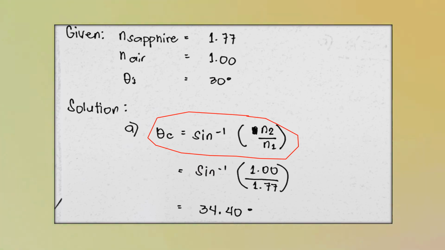Our n2 is the index of refraction of air, which is 1, and our n1 is the index of refraction of sapphire, which is 1.77. So sine negative 1 times 1 divided by 1.77 is equal to 34.40 degrees.